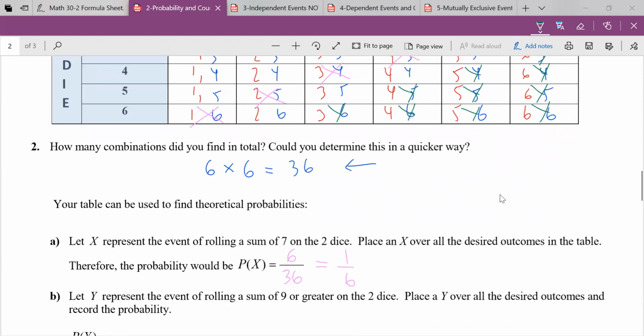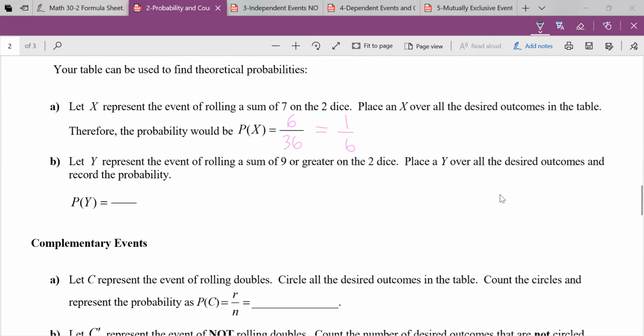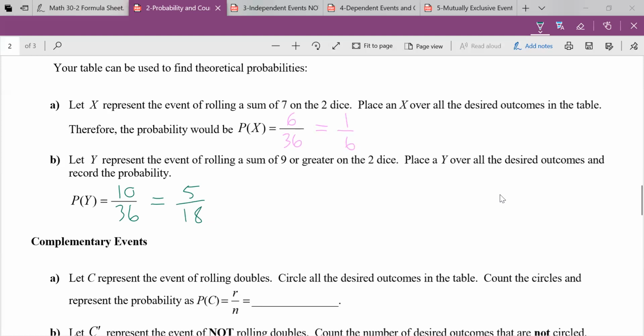There are 10 outcomes, so 10 over 36. We could reduce that to 5 over 18, either way. That's an easy question, right? But we did include counting methods because we had to figure out the size of our sample space.